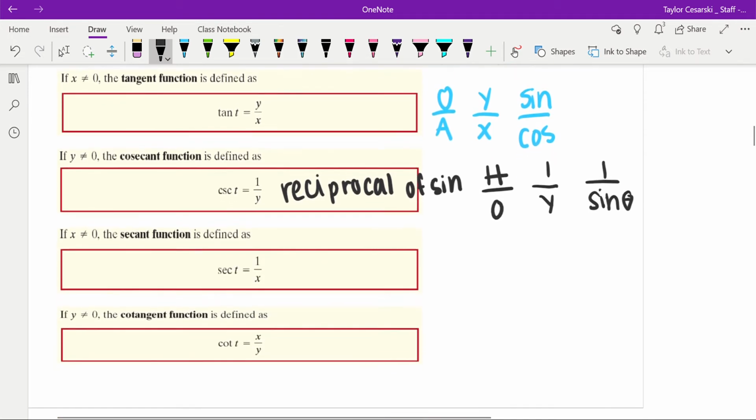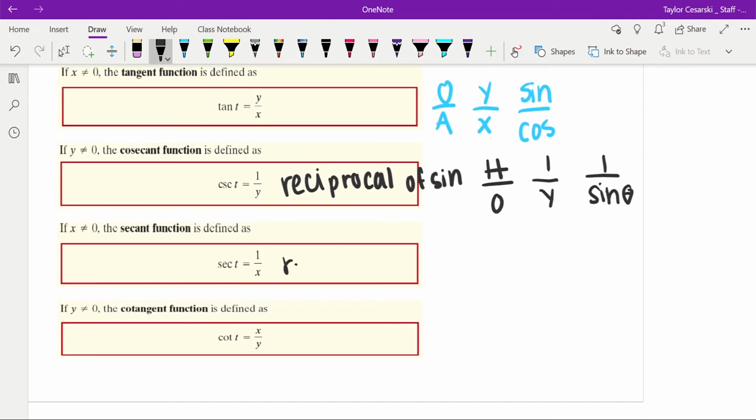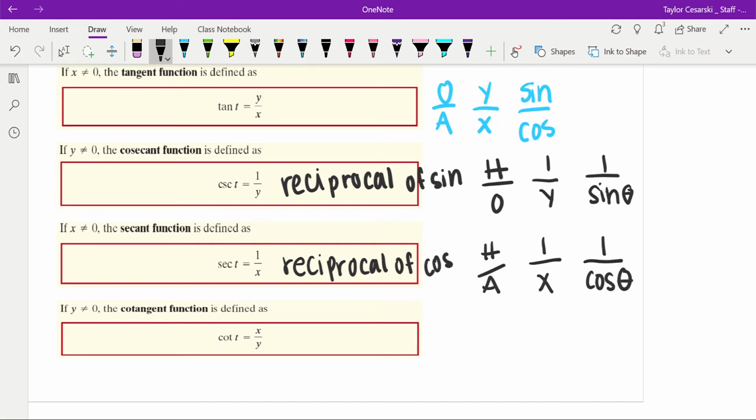Secant, sorry, is the reciprocal of cosine. So that's going to be hypotenuse over adjacent. So my hypotenuse was 1, my adjacent was x, and you can also write that as 1 over cosine of theta, since we know cosine of theta is the same as x.